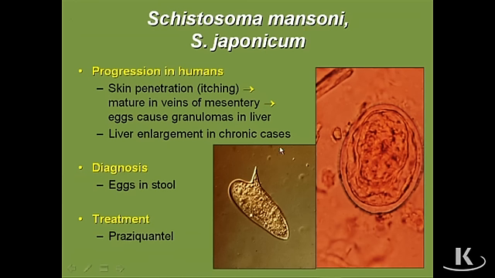So even if you had no idea about the disease and you saw that egg, you should be able to answer Schistosoma mansoni. Now, the way that I'm going to help you remember the egg and diagnosis going along with the organism is if you can remember Schistosoma mansoni with the S has a subterminal spine. Mansoni, subterminal. So the diagnosis is by looking for the eggs in the stool, and we're going to treat it with praziquantel.